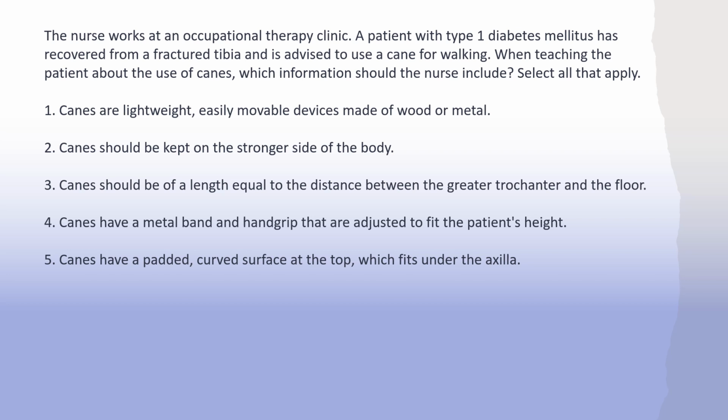Canes should be kept on the stronger side of the body. 3. Canes should be of a length equal to the distance between the greater trochanter and the floor. 4. Canes have a metal band and hand grip that are adjusted to fit the patient's height. 5. Canes have a padded curved surface at the top which fits under the axilla.